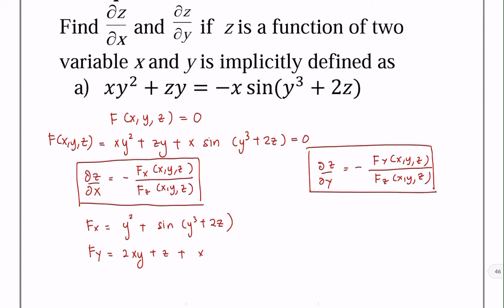So we'll have cos of y cubed plus 2z, and we need to multiply with 3y squared. So we rearrange and obtain 2xy plus z plus, bringing 3 in front, 3xy squared cos of y cubed plus 2z.